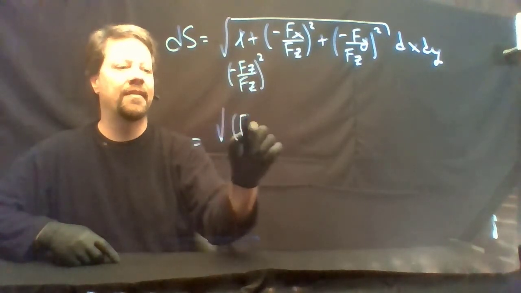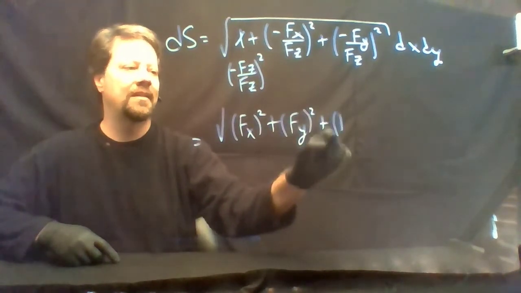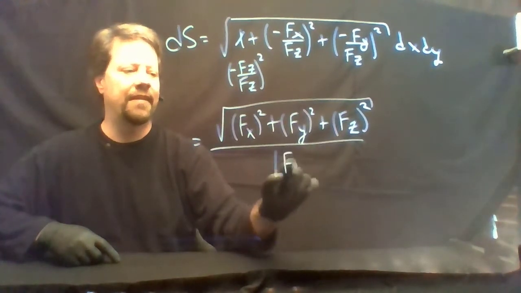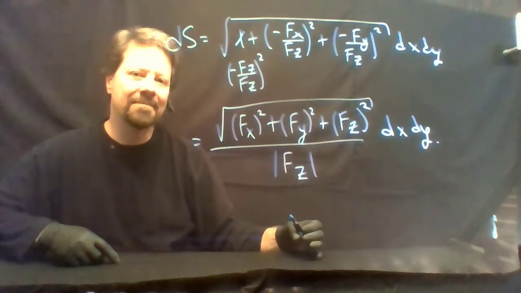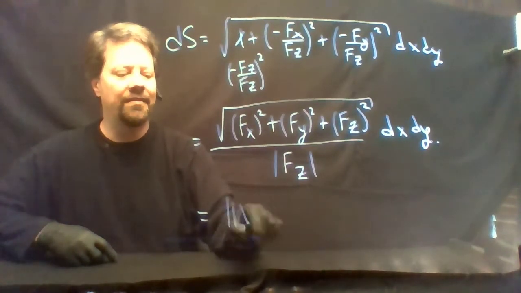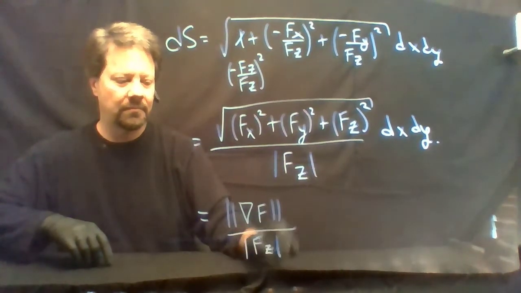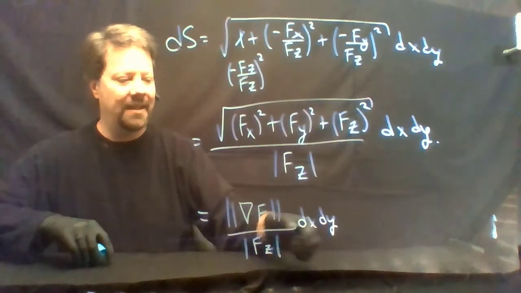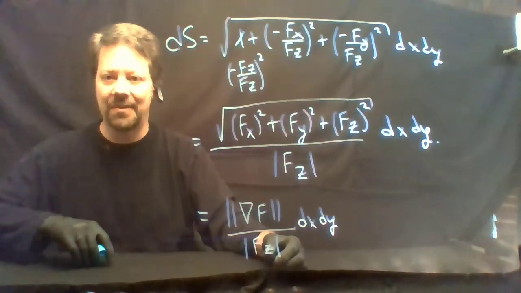We'll end up with the square root of fx squared plus fy squared plus fz squared over the absolute value of fz, dx dy. The numerator is the norm of the gradient of f. You can vary this by replacing x and y with, say, x and z, instead dividing by the absolute value of fy.